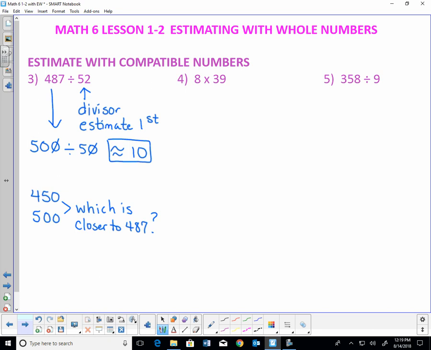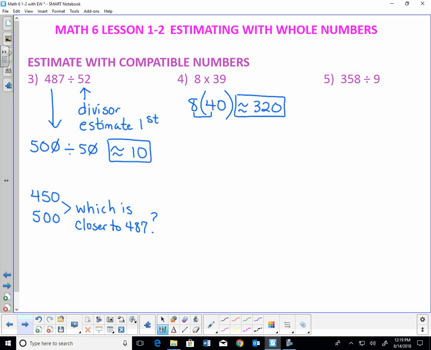So I'm going to leave my 8, and instead of multiplying it by 39, I'm going to round that 39 to 40, because I know that 8 times 4 is 32, and then all I have to do is add the 0, because multiplication by powers of 10, 10, 100, 1,000, is very easy. So this is approximately equal to 8 times 4 is 32, add a 0. This would be a better estimate than rounding 8 to 10 and 39 to 40 and getting 400, because this is a better estimate.